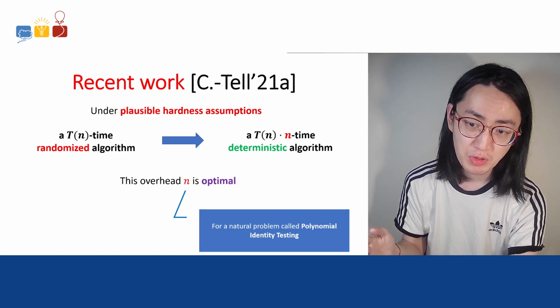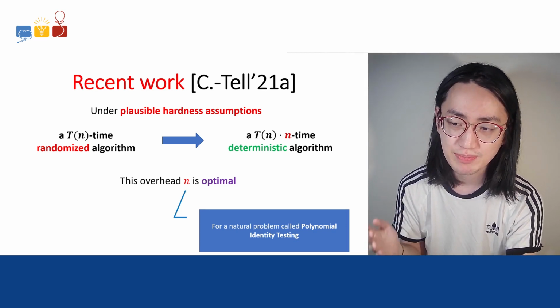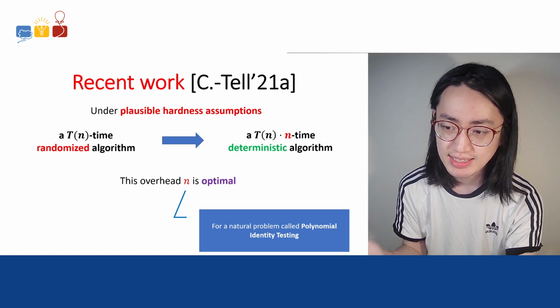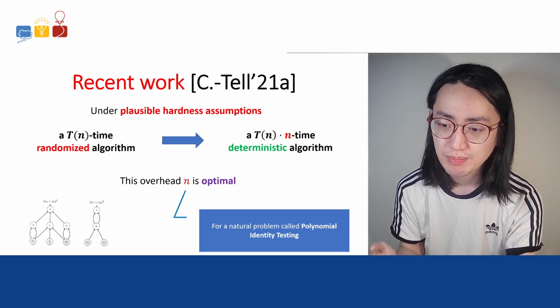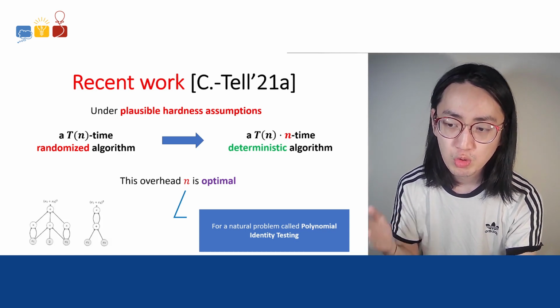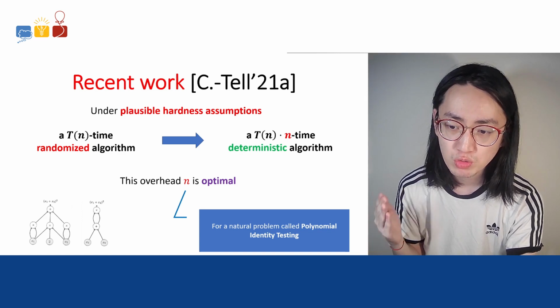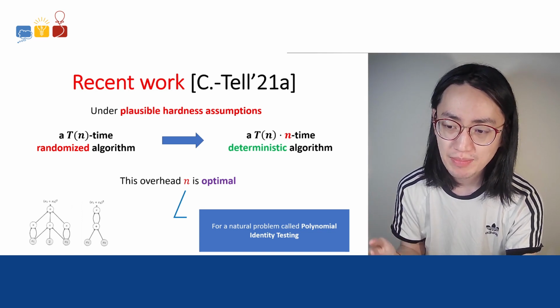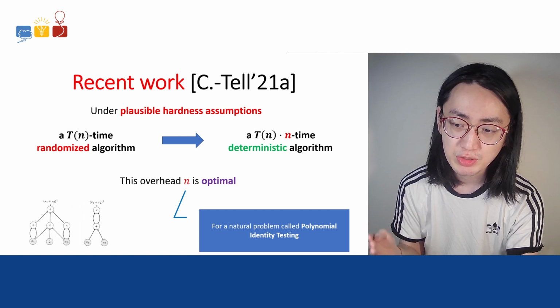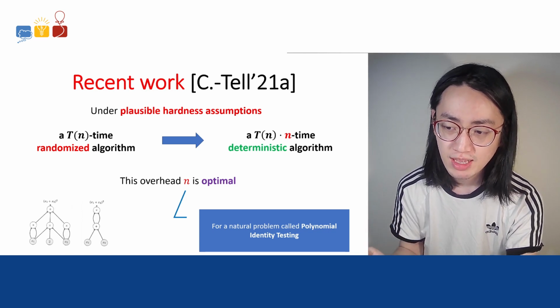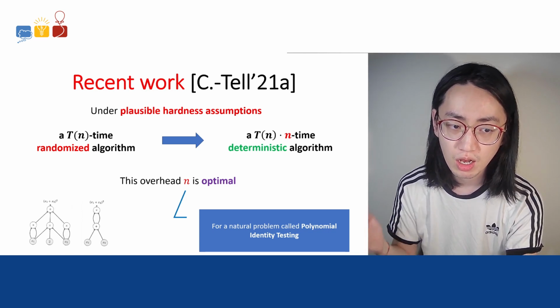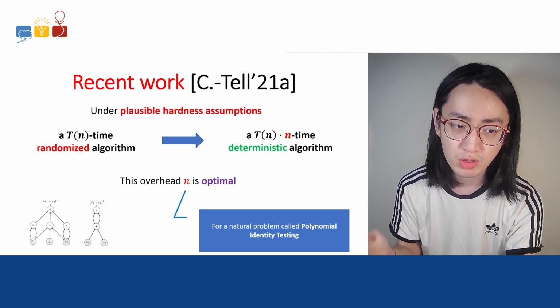But unfortunately, we don't have time to go into details of this problem because it's a bit complicated. But roughly speaking, the problem gives you two graphs representing two multivariate polynomials, and the goal is to determine whether these two graphs compute the same polynomial or not.